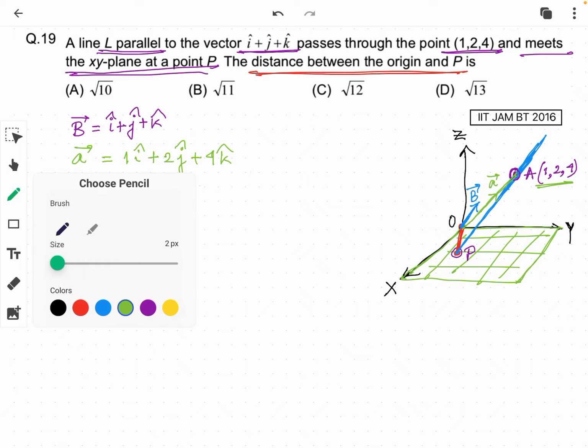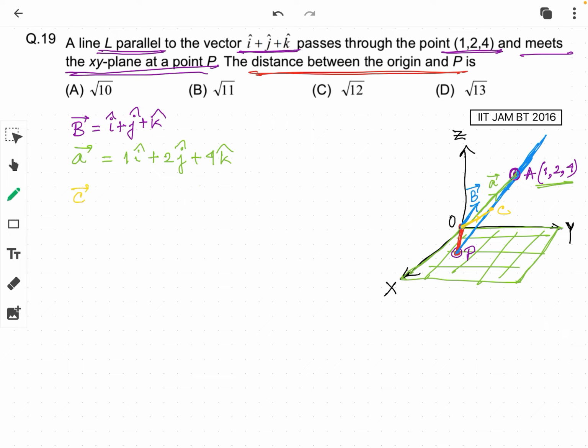Now let us take any point on this line L. Let's call it point C. So the position vector of the point C is given by C vector equal to A vector, that is the position vector of the point A, plus lambda times B vector.